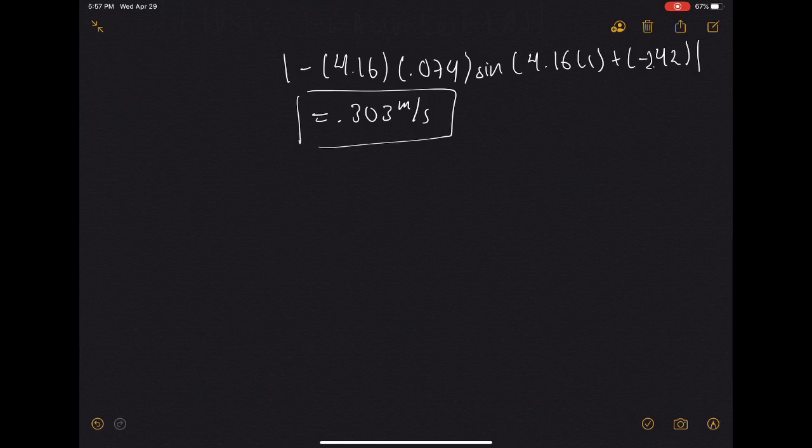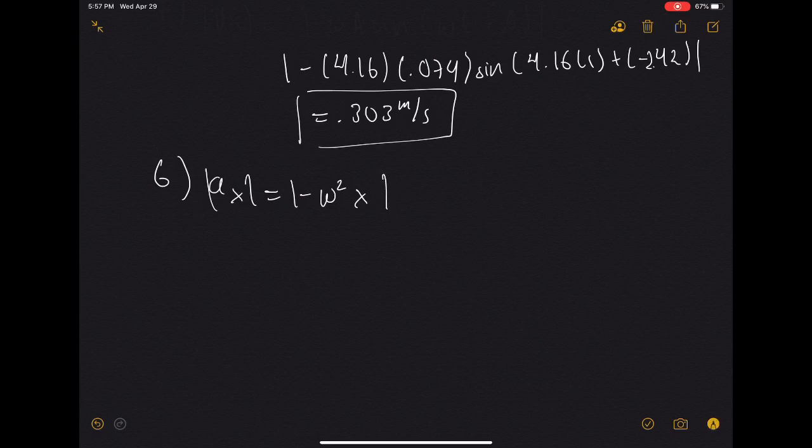So the next part is part G, and it's asking to find the magnitude of acceleration of the mass at t equals 1. So we're gonna use this acceleration formula, which is a x equals minus ω squared x.